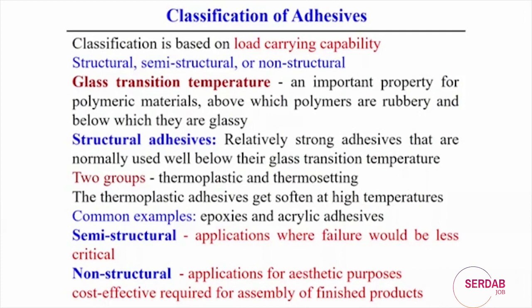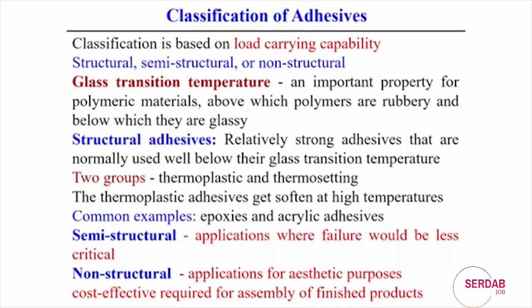But one important point is the glass transition temperature, which is very much related to polymeric materials. Above this temperature the polymer is rubbery, like chewing gum, and large deformation can be done; below it, we observe a glassy type of structure. The glass transition temperature is equivalent to the melting point in the case of metals.